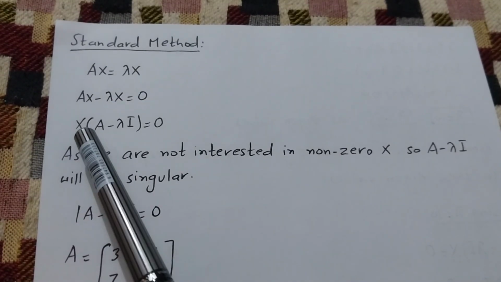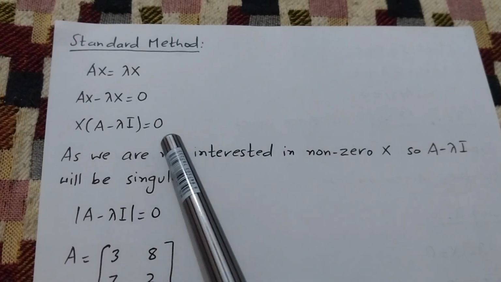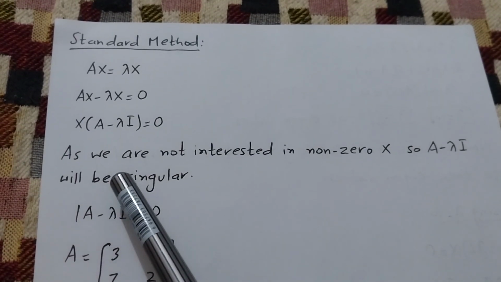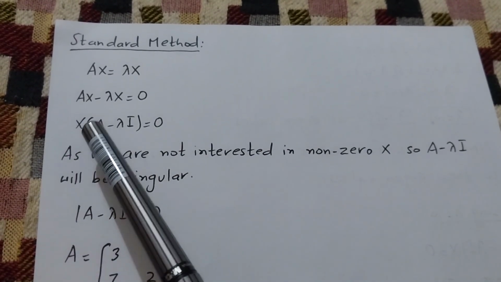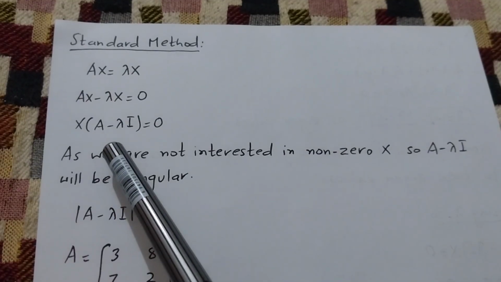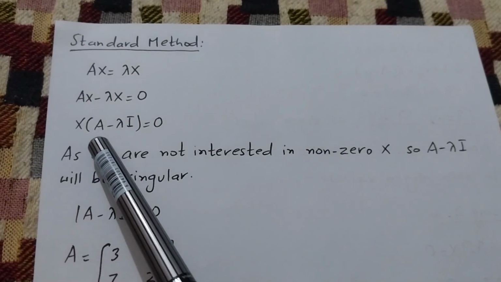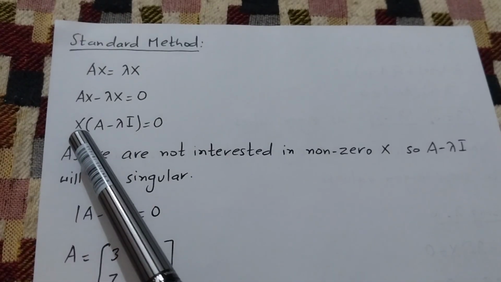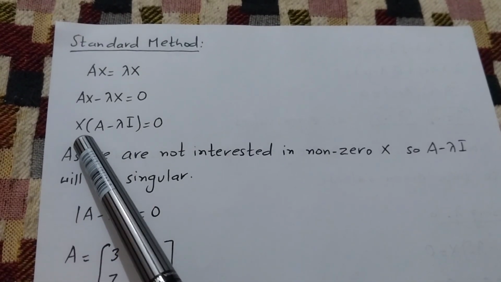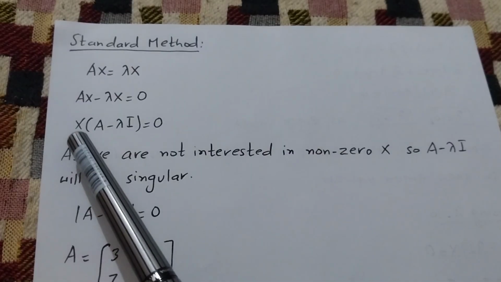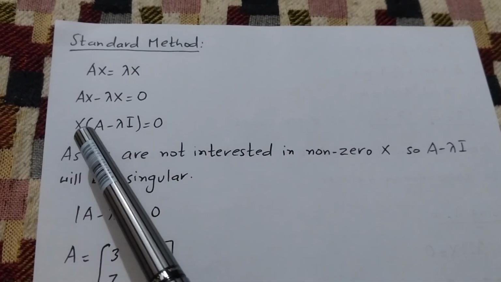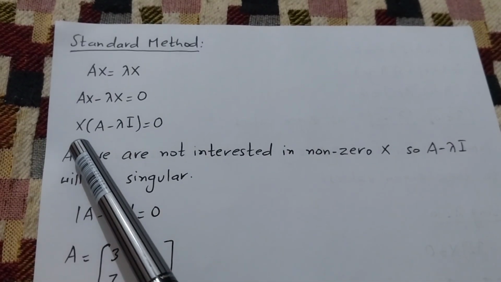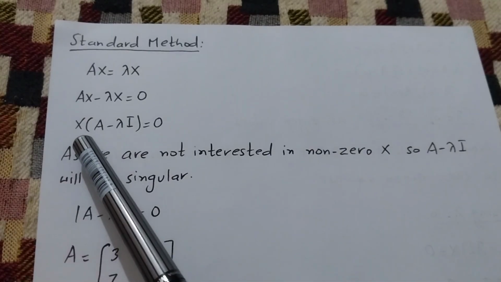So we'll have A minus lambda I times x is equal to 0, and we are basically interested in a non-zero x. We are not interested in x equal to 0, which means that we are interested in a non-trivial solution of this equation, so we are interested in a non-zero eigenvector and not a zero eigenvector.